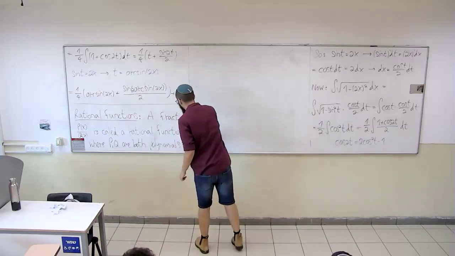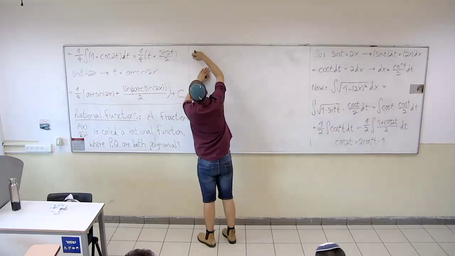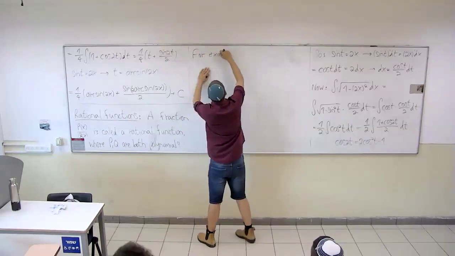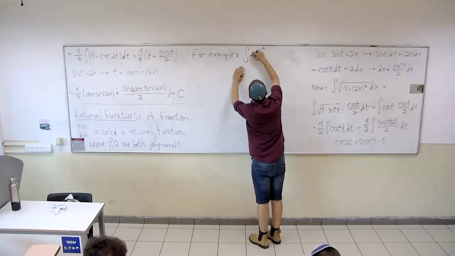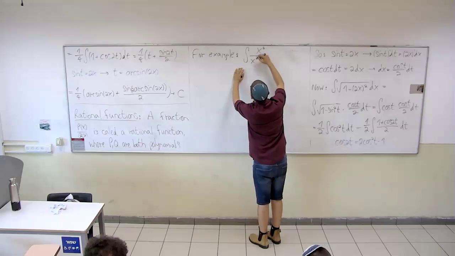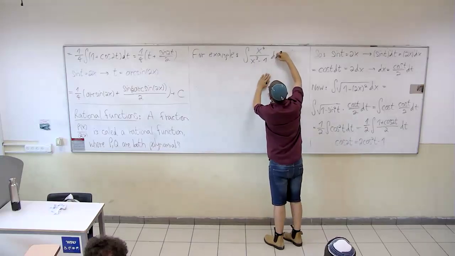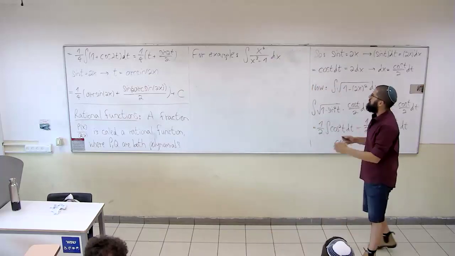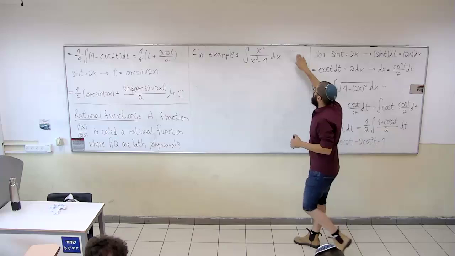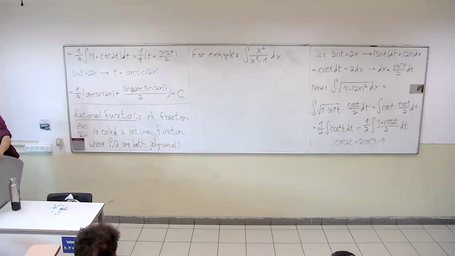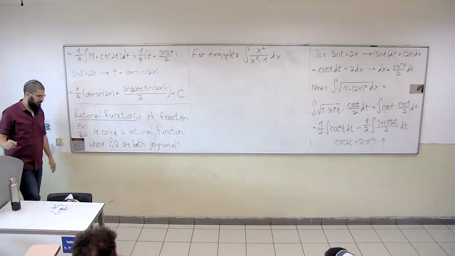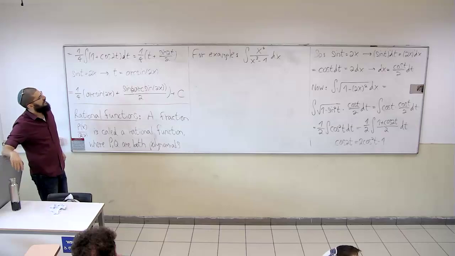For example, x to the power of 6 over x to the power of 3 minus 1. I already wrote the integral and the dx here, but the rational function is actually the function itself. And we want to find the antiderivative of such a function.